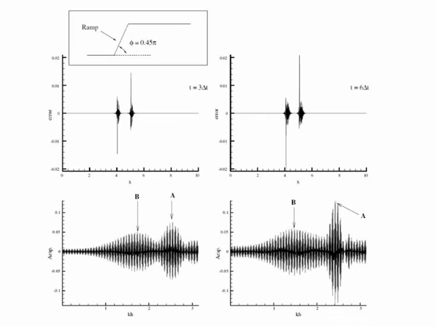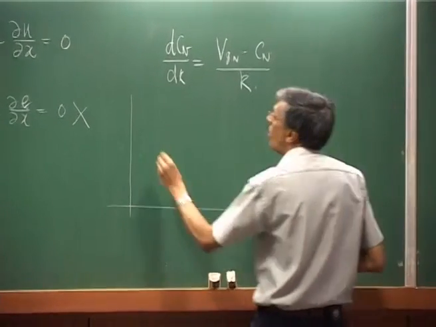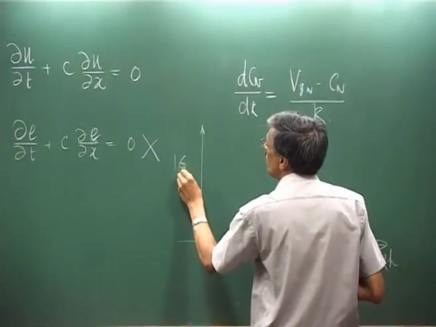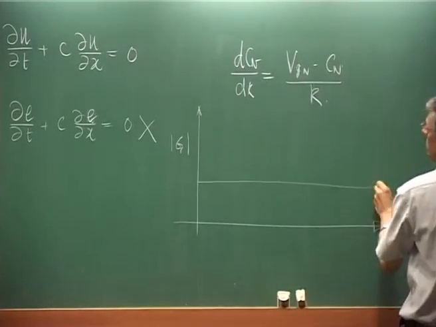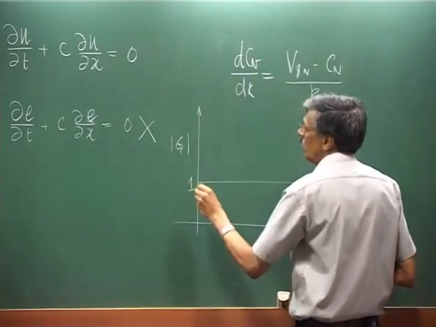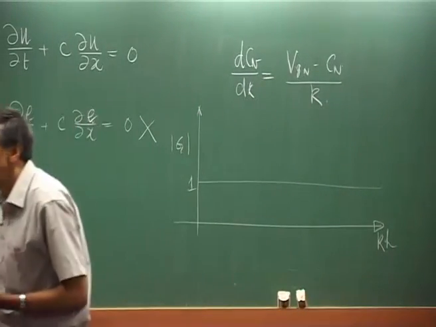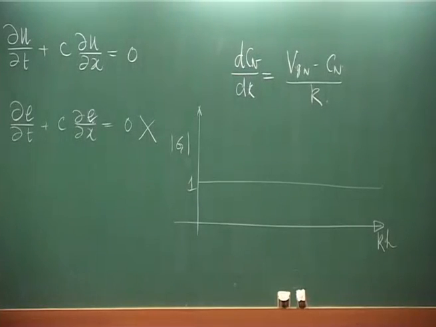Well, what we could do is, for the chosen value of n c, I could plot mod g, and let us say I have some value of mod g equal to 1, and then what we find is that we are going to get different values of g for different points.